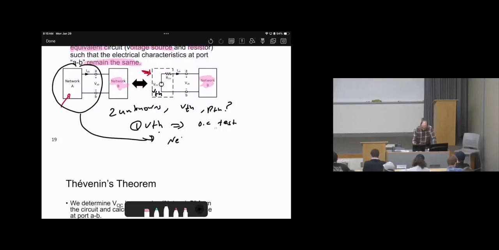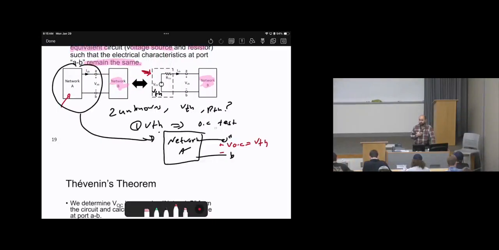So here is network A. Then the terminals A, B will be open circuits. Then plus minus, we will find V open circuit. So V open circuit is the same as V Thevenin. Just take the terminals, make them open circuit, and find the voltage across this.